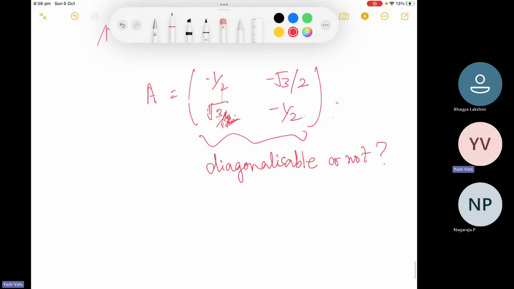Is it diagonalizable? I think it's diagonalizable. Then there exists a counterexample.